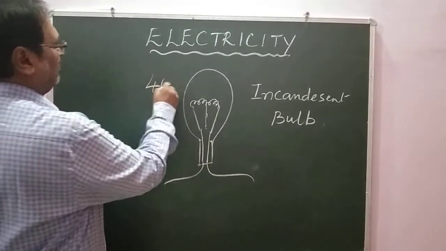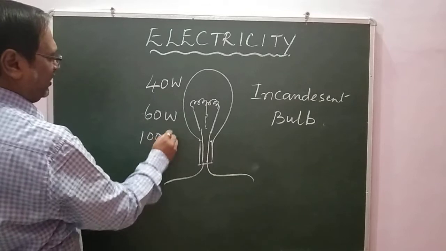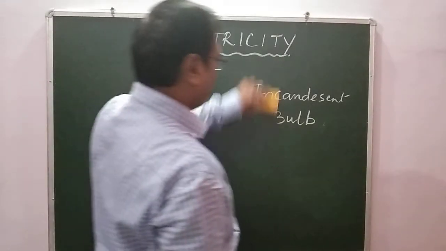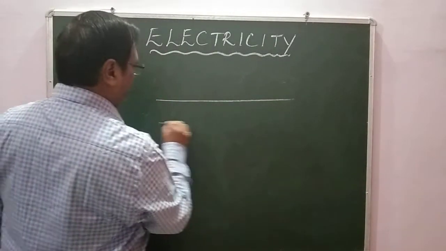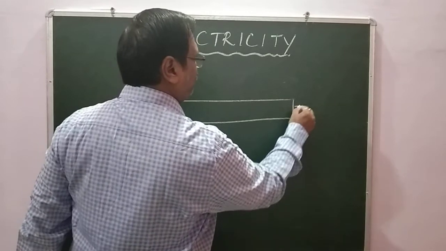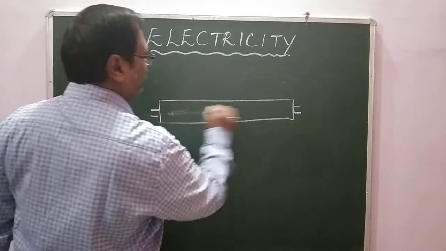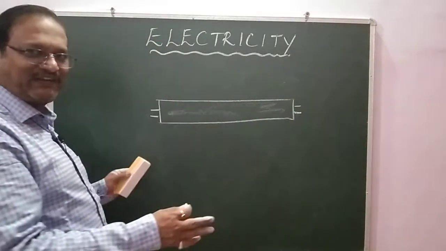40 watts bulb, 60 watts bulb, 100 watts bulb. Nowadays we are not using this so much. Nowadays even you have something called tube light, with 2 points like this, and it used to glow with white color, right? It gives you whiteness, right?